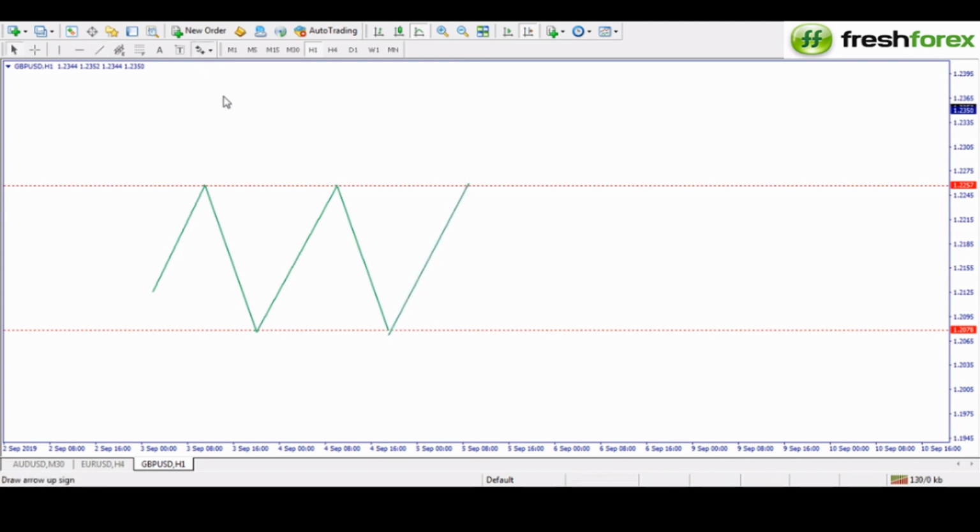When you see this happening, first thing you need to do is mark this as resistance. Mark the next one also as resistance, sell place, and then also this one you need to sell.